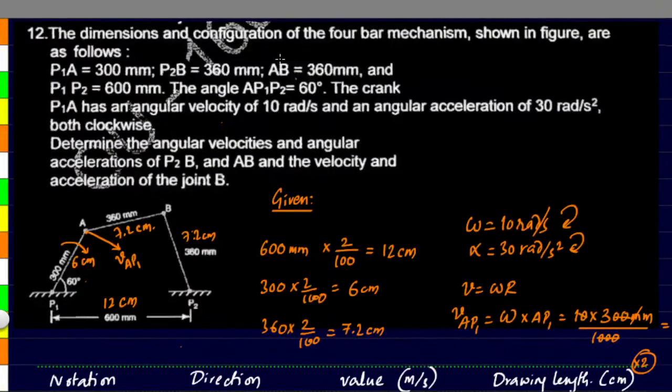So what is he asking now? First he is asking for angular velocities and angular accelerations: the angular velocity of P2B, the angular velocity of AB, the angular acceleration of P2B, and the angular acceleration of AB.